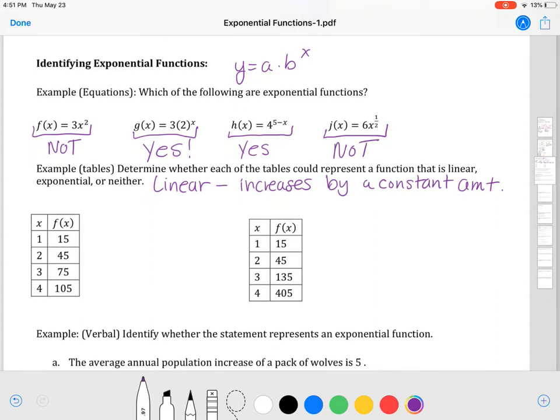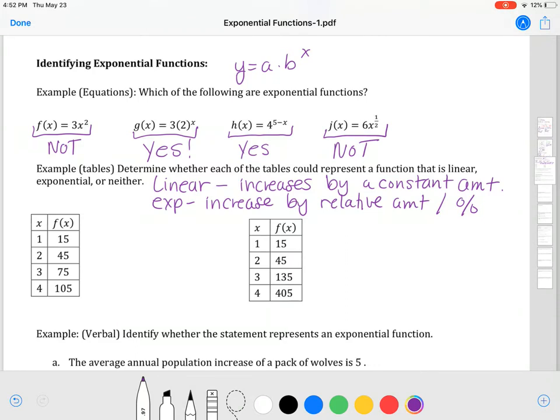It's always the same. For exponential functions, this increases by a relative amount, which means by a percentage. So it's not going to be the same amount every time. It depends on the previous value.